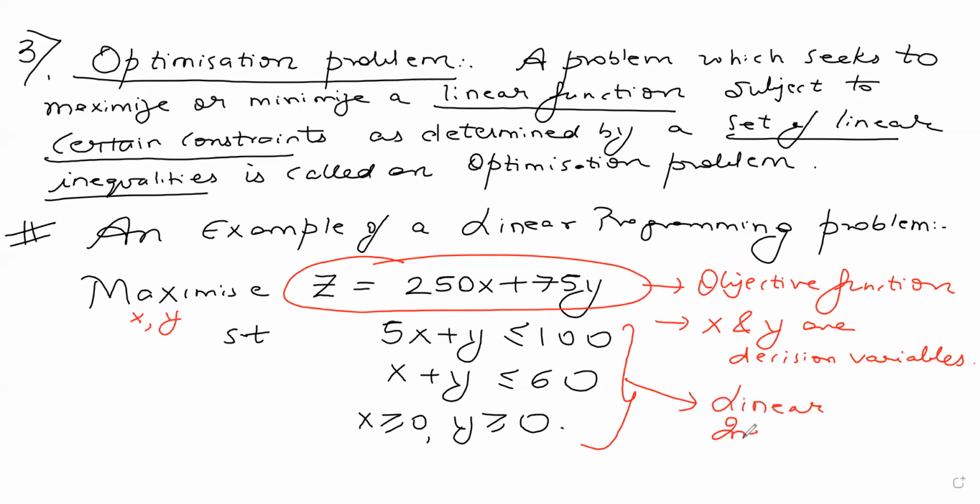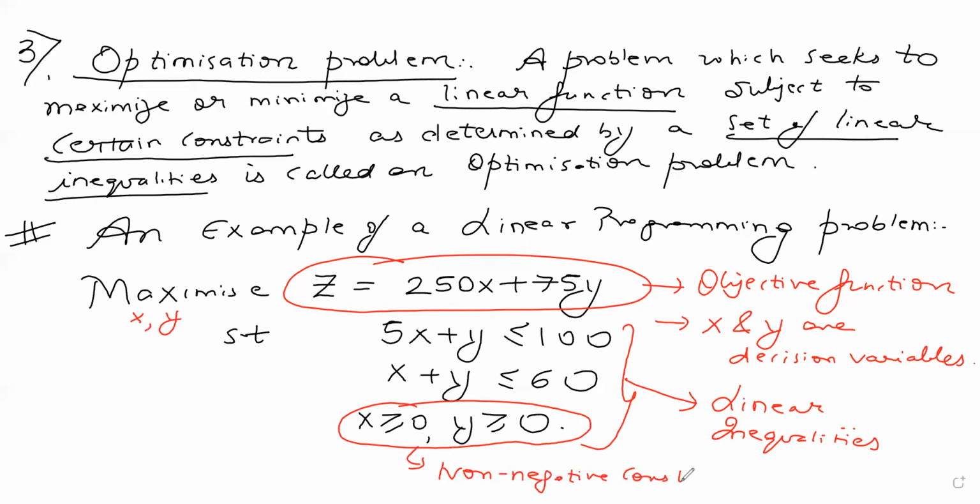You can see they are all linear. The degree of the polynomial is 1. And within the linear inequalities, this is nothing but my non-negative constraint. Okay, so now let's look at the graphical method to solve this problem.